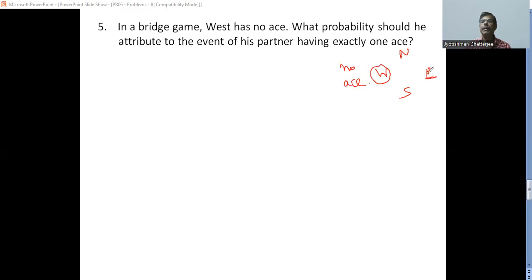And while playing bridge, of course, West cannot see East's hand, but West is trying to compute or find out what should be the probability that East has got exactly one ace. That's the probability he or she is trying to compute.